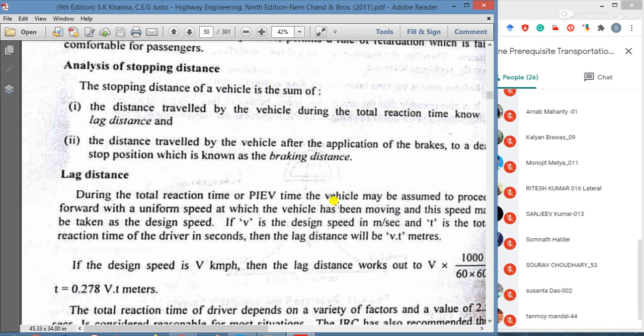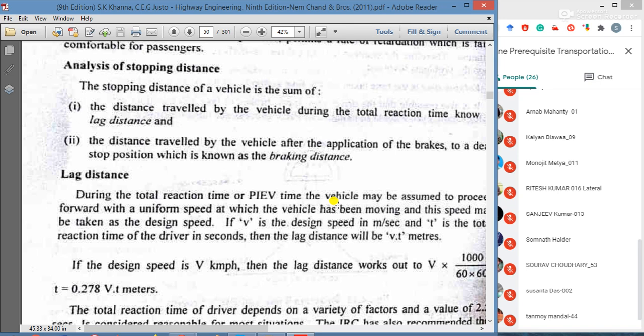related to our nervous system, our spinal cord. When we observe any obstruction on the road, some reactions start. For these reactions, some distance is already traveled by our vehicle, because the vehicle is a mechanical thing and we humans operate it.